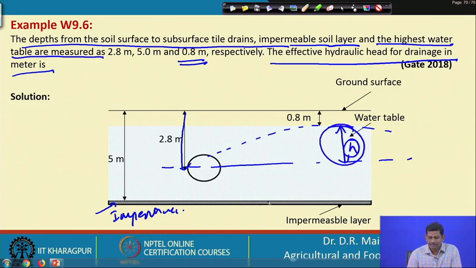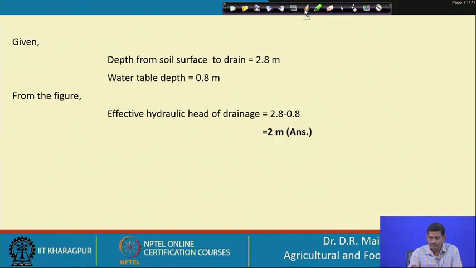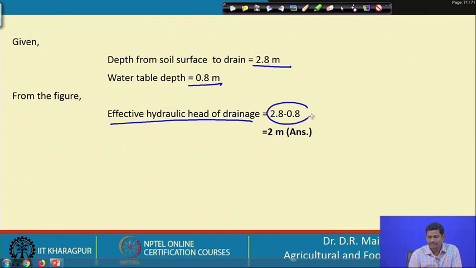So, simply you can subtract 2.8 minus 0.8, you get h. So, as I said, this is the depth to subsurface drain 2.8, water table 0.8. So, effective hydraulic head is 2.8 minus 0.8, that is 2 meter.